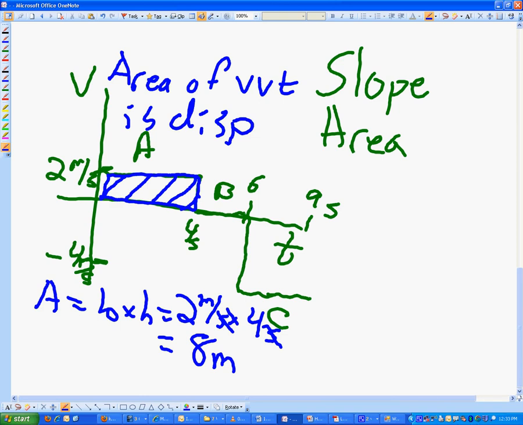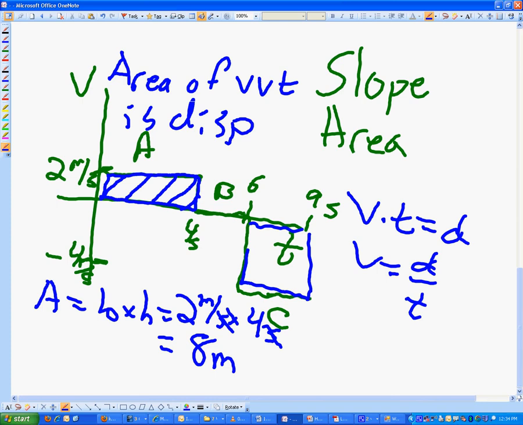Which should make sense, right? I'm taking velocity times time and getting displacement, which is really just that other equation rewritten with displacement by itself. So it shouldn't be earth-shattering, but you can see how those things all tie together. Okay, let's find this area. Again, you go between the line or the curve and the x-axis.